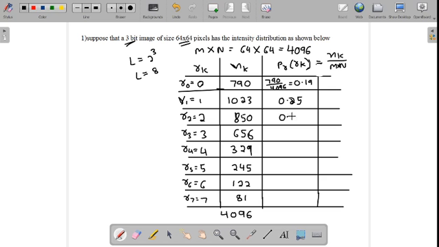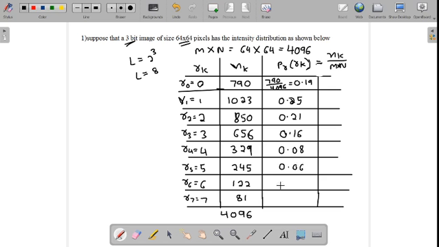Next 0.21. Next 0.16. Next 0.08. Next 0.06.